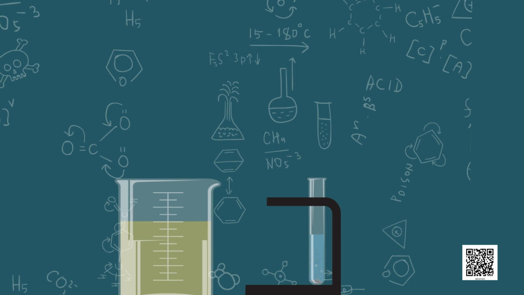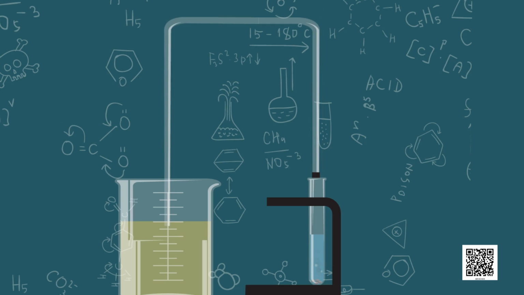Now pass these bubbles into the soap solution with the help of a delivery tube. Bring a burning matchstick near the bubbles coming out of the soap solution. We will see that a popping sound occurs when the gas present in soap bubbles comes in contact with the burning matchstick. This shows the presence of hydrogen gas.